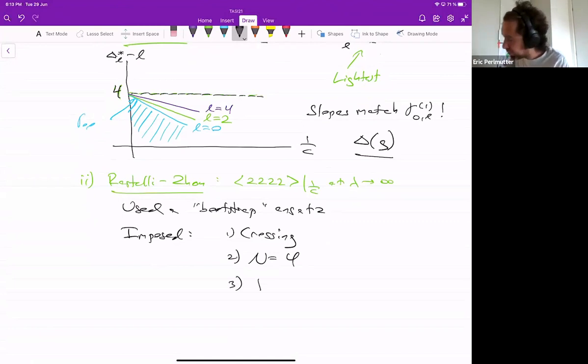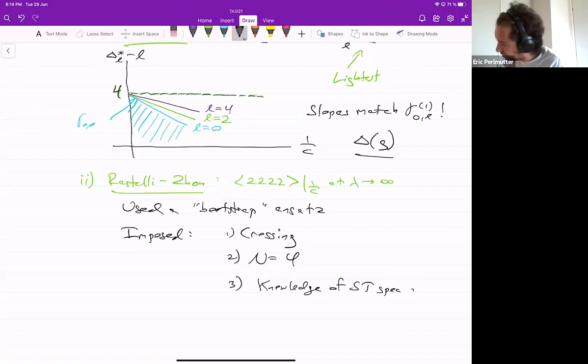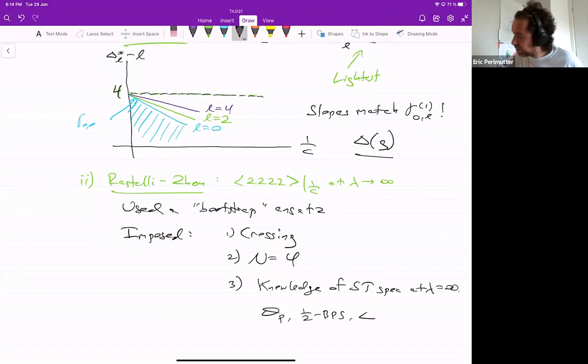So they used some knowledge of the single trace spectrum at large coupling. In particular, at large coupling N=4 super Yang-Mills, the single trace superconformal primaries are this operator O2 we've been talking about. And that's an infinite tower O_p, which are half BPS superconformal primaries with dimension p in a particular representation of SU(4).